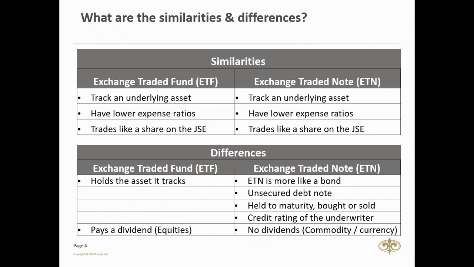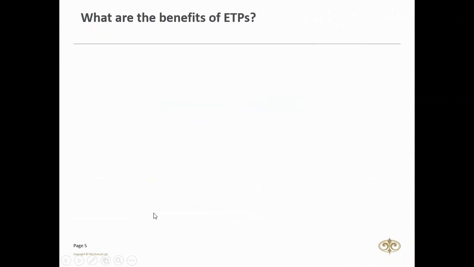There are a lot of benefits. I believe there are nine benefits. If you have a look at my next slide, what are the benefits? Number one, I believe, is diversification. The main advantage, as I mentioned right in the beginning, is that a core principle of a prudent investor is to build up a diversified share portfolio. So ETPs offer you a wide range.